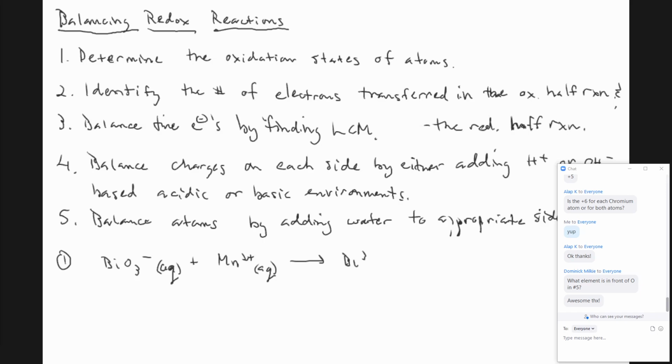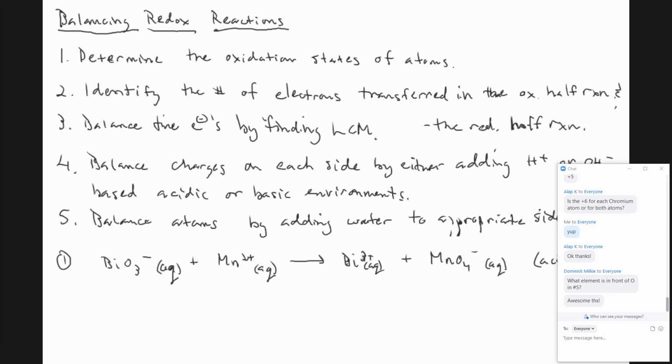That's going to become bismuth 3 plus, aqueous, plus permanganate, MnO4 minus, aqueous. And I'm going to tell you that we're in an acidic environment.